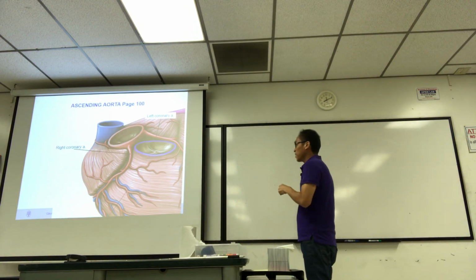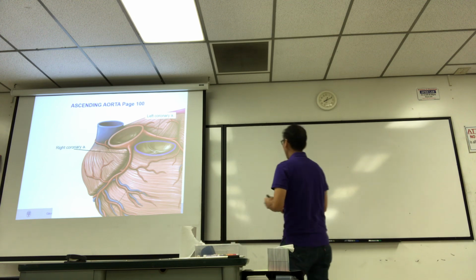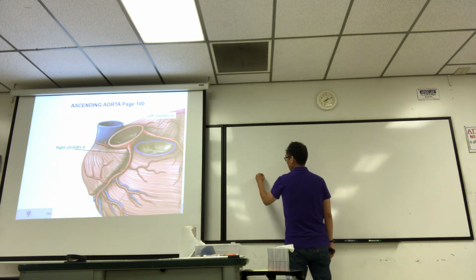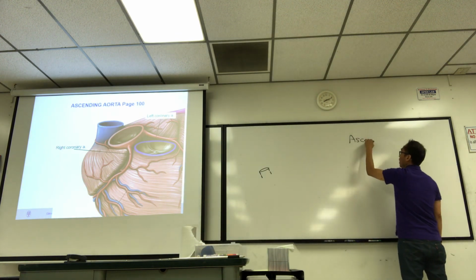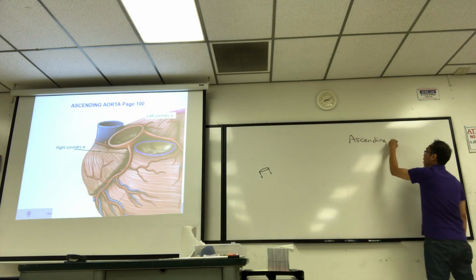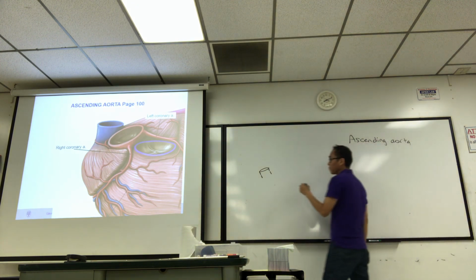The first 2.5 centimeters are the ascending aorta. The branches coming off the ascending aorta supply blood to the heart.